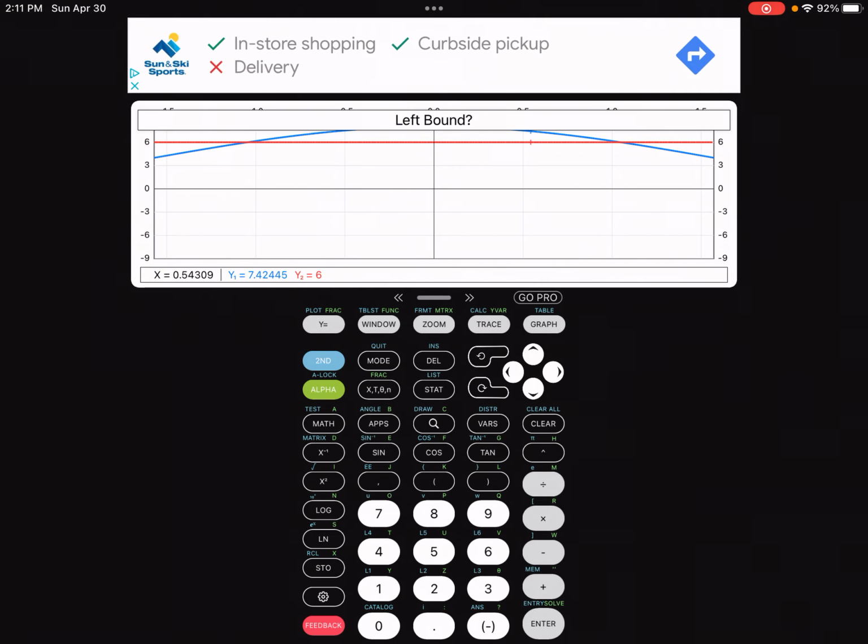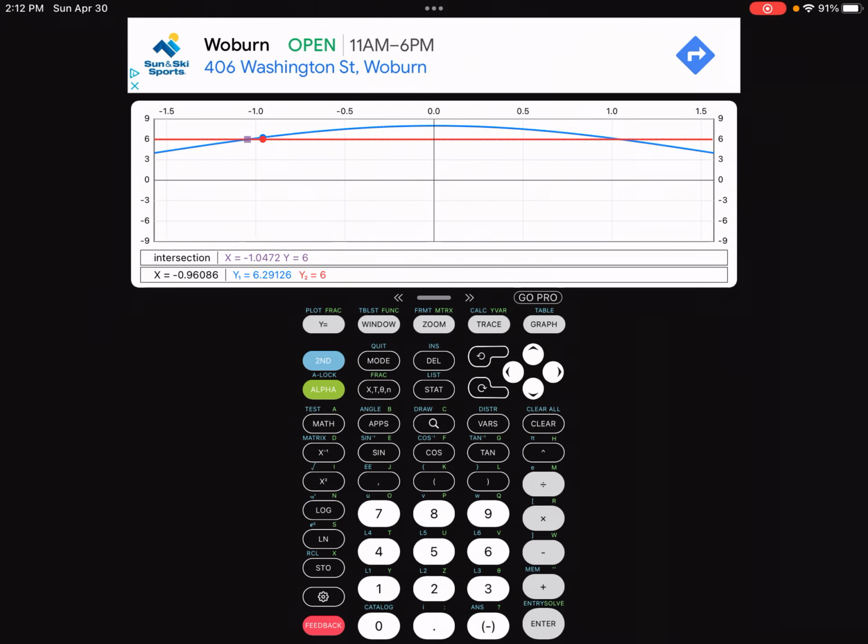So we go to our blank screen. Let's see if it stored it. Sometimes it stores my values. It's not storing my values, so I'm just going to type 1.0472.